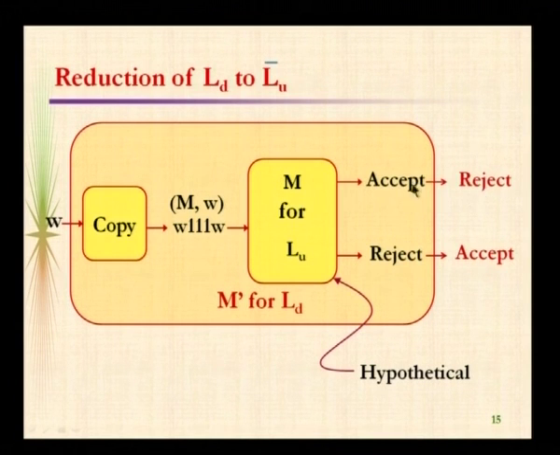So you just complement the outputs, accept as reject and reject as accept, and then there exists a Turing machine for LD, which is a contradiction. This proves that LU is a recursively enumerable language alone, but not a recursive language.